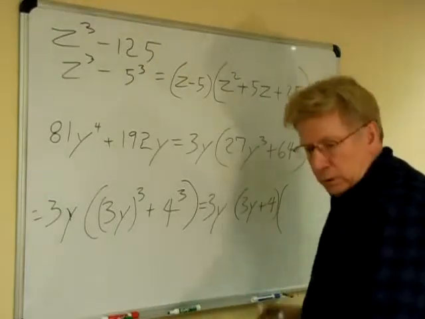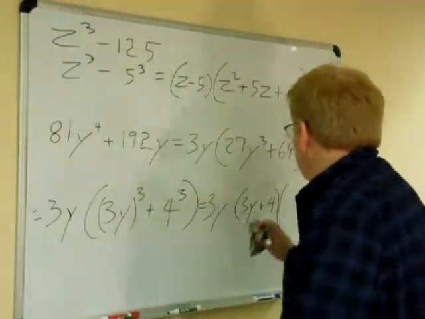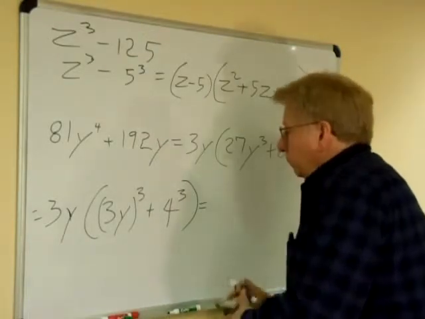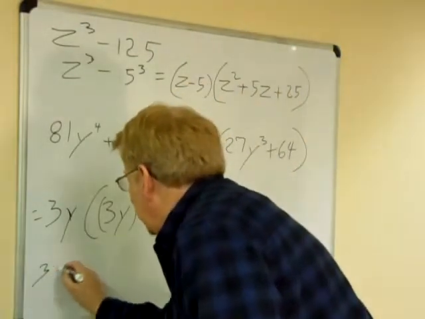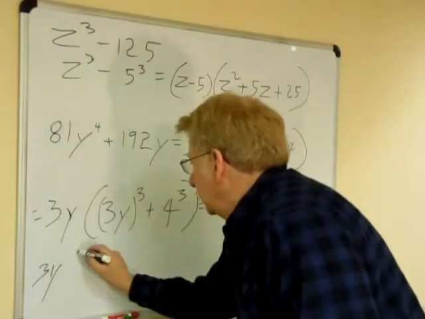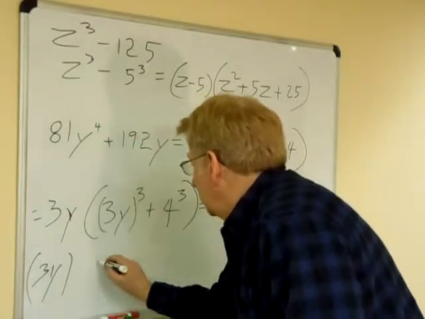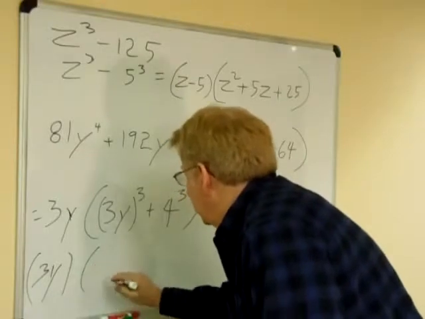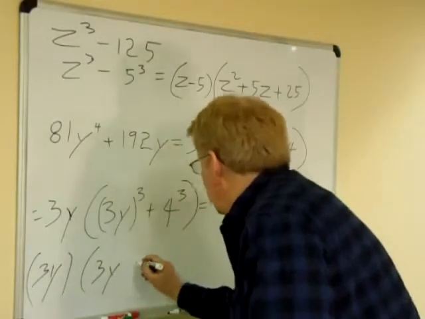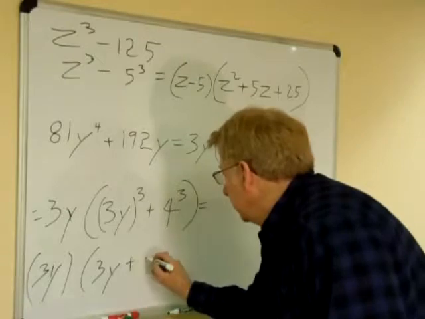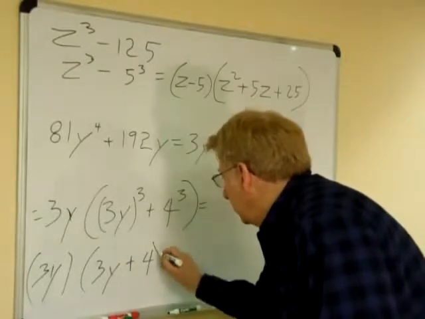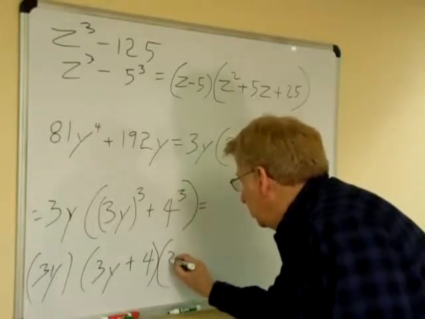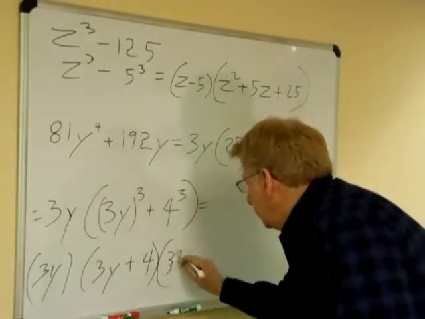We're running out of room here, so let's just put that underneath. So 3y is still over here. And then the a would be 3y, and the b would be 4. And then a squared would be 3y squared.